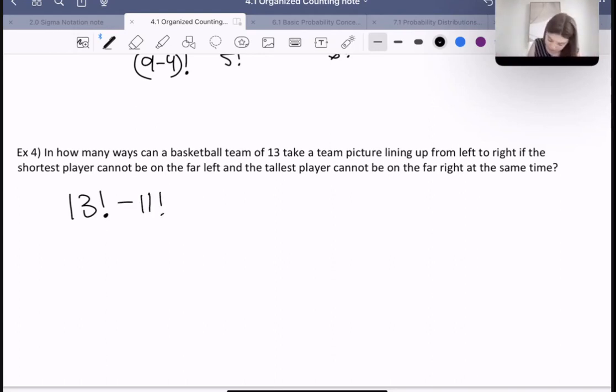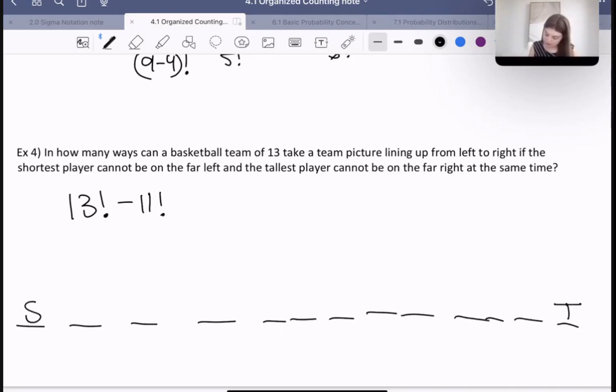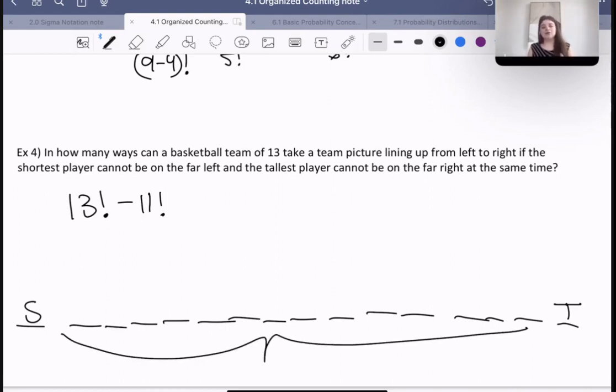And now why is that? Let's talk about why that is. If we have the shortest person here and the tallest person here, and then we have all these 11 spaces in the middle, that's 11 factorial, how many ways we could rearrange those remaining players.